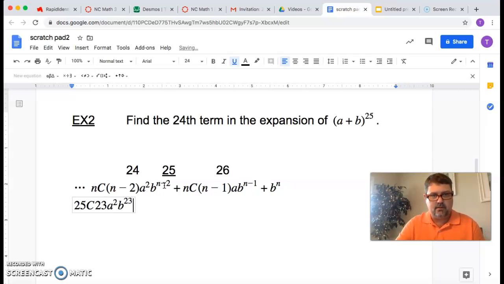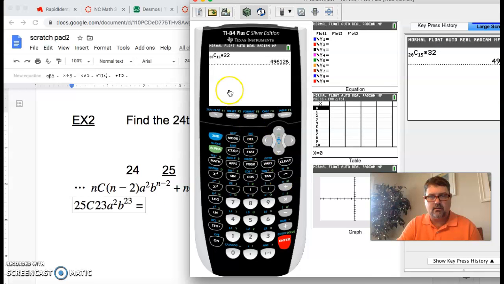That's going to give me, well, let's see, 25 choose 23. Oh, maybe I can just take this. Well, I can't do it that way. I'm going to back that up out of there. Probably faster just to retype it. 25 choose 23.